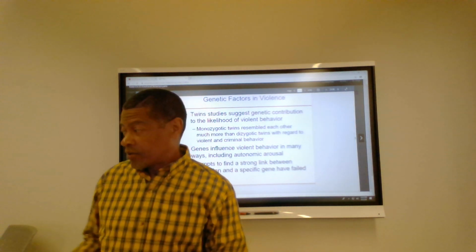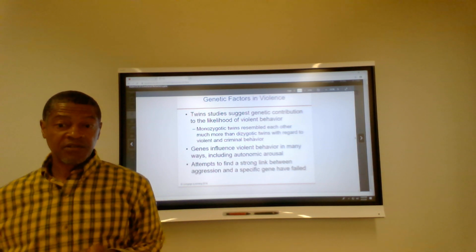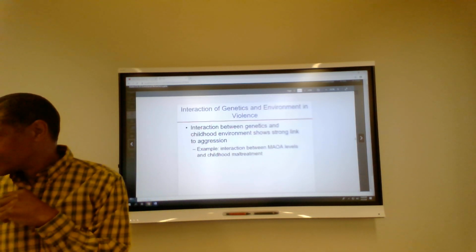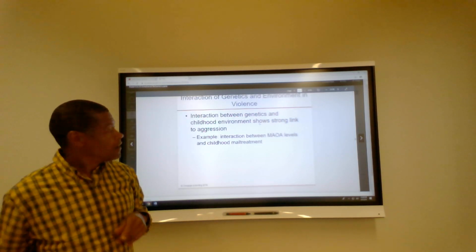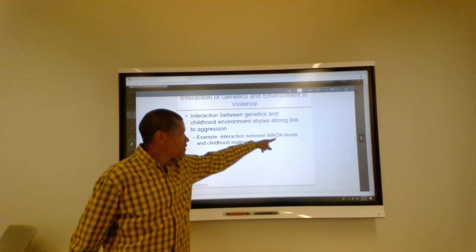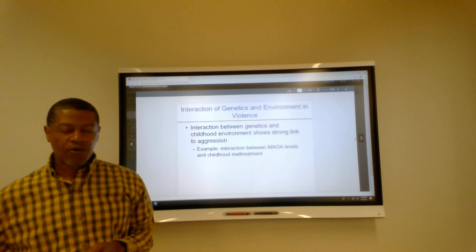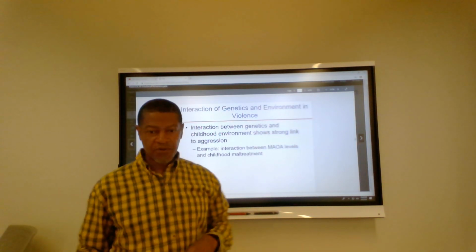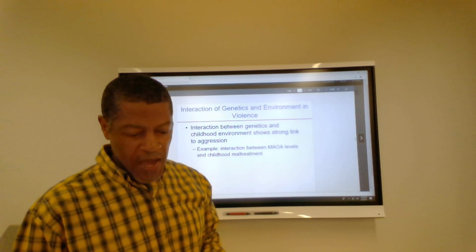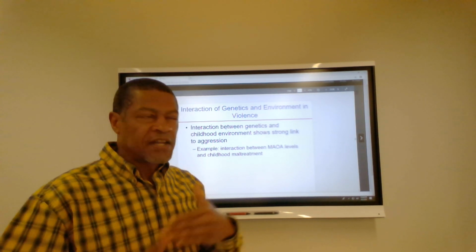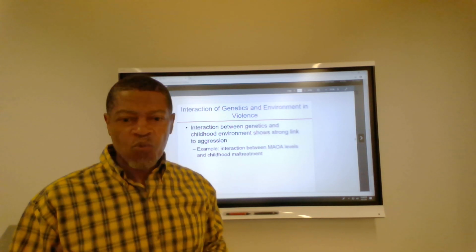And one area that's interesting about this is this enzyme called monoamine oxidase. You've heard of it before because we said this is the enzyme that helps to break down neurotransmitters. So there's some people that may have a problem physically, genetically, where the enzyme doesn't work right. Guess what?